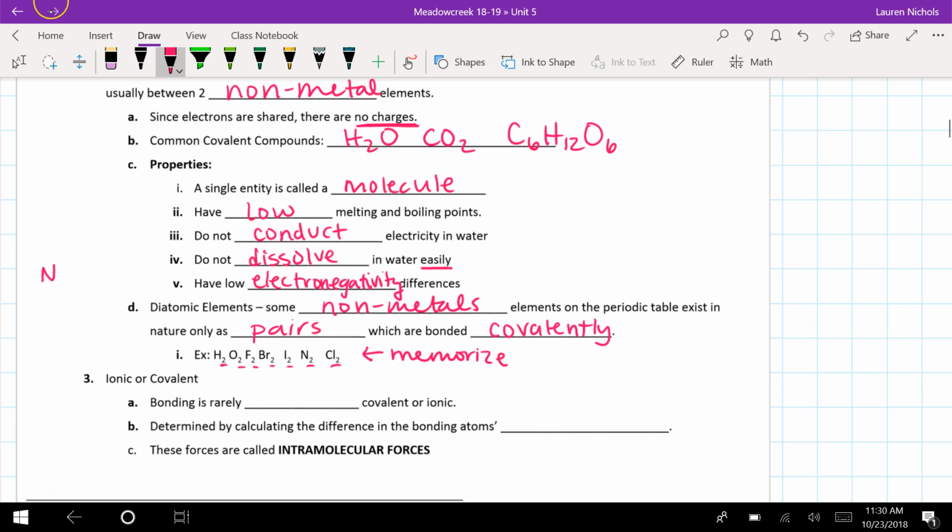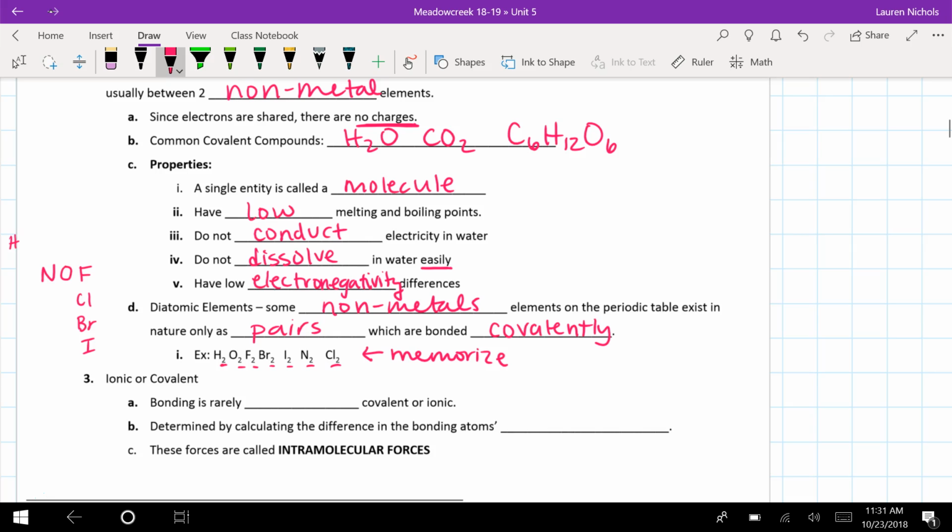If you start at number 7 and look at where they are, they make the shape of a 7, plus hydrogen, which is way on the other side. So there are 7 diatomic elements. They make a shape of a 7, starting with number 7, nitrogen. That's one way to remember it.